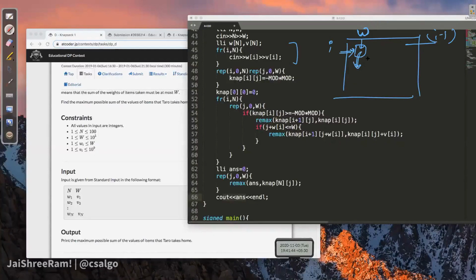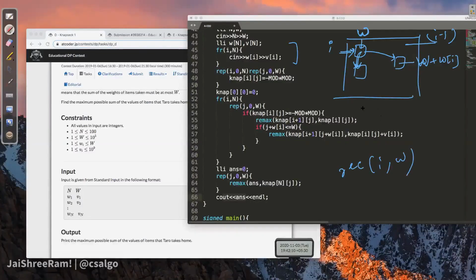So for this item, I can either not take it, or I can take it, and I will reach some W plus the given weight of the ith item, right? The current W plus the weight of the item. So these are the two states that I can reach in the table. Anyways, when we were implementing the recursion of I comma W, we were going to fill up this table, right?